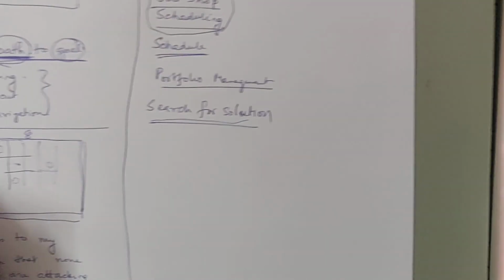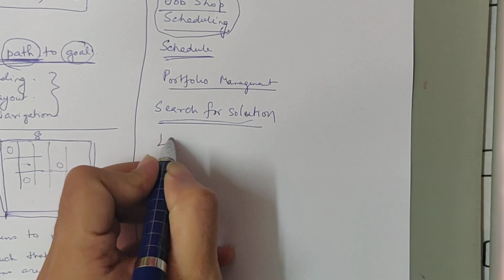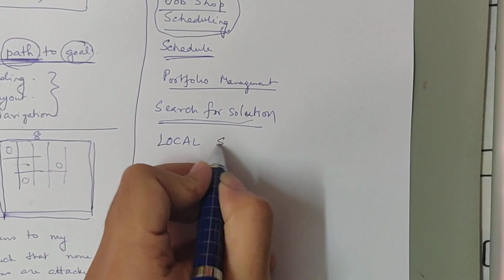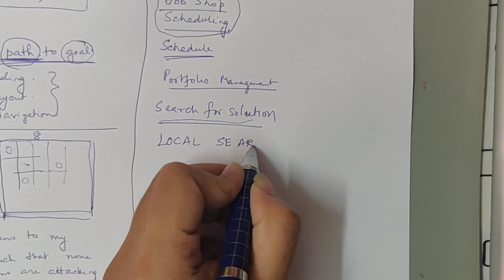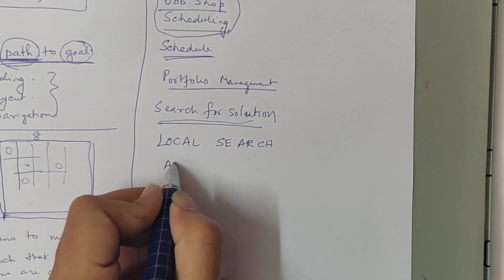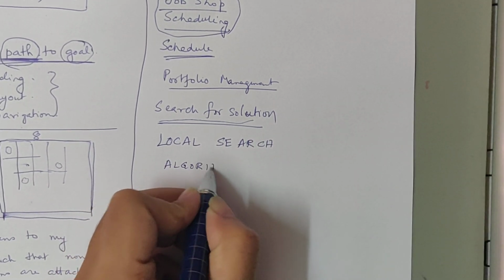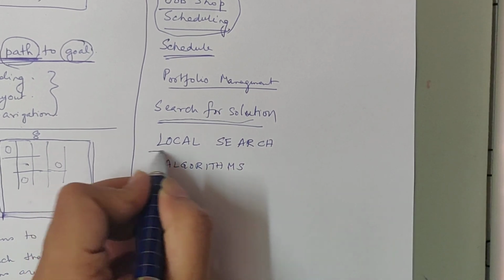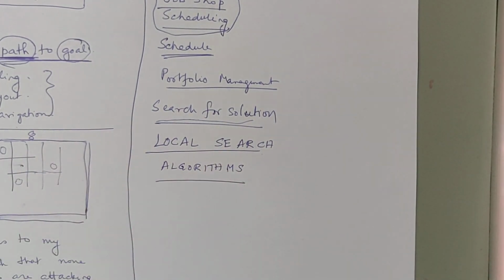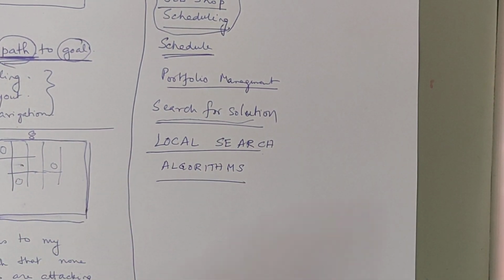They are called local search algorithms. We will visit some local search algorithms in the future video lectures.